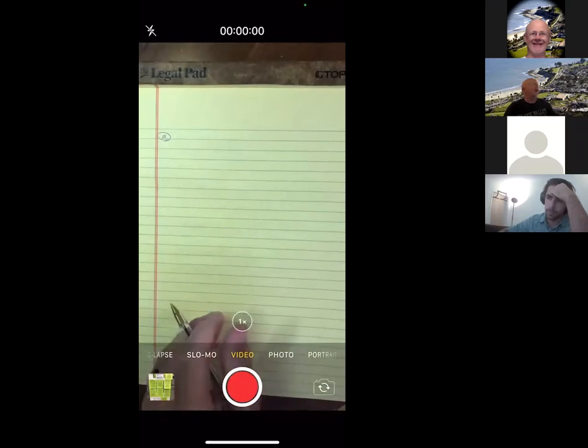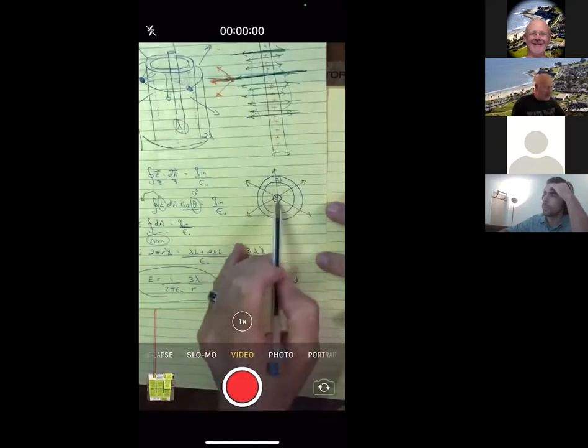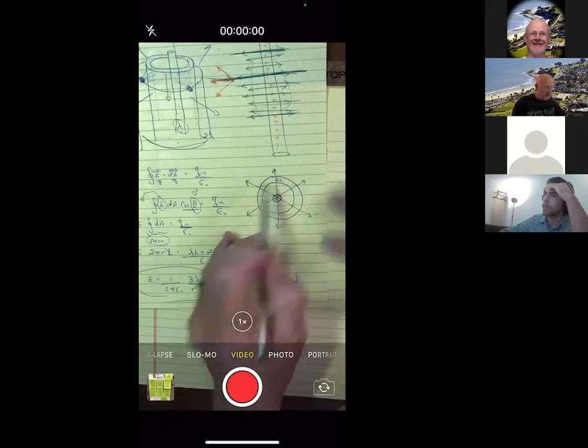Now that I did it out of order, I did B first. And I did that only because part B, I think, is harder. It's a judgment call here. But it says the charge per unit length on the inner and the outer surfaces. Let me come back and draw a top-down view of the wire and the cylinder.